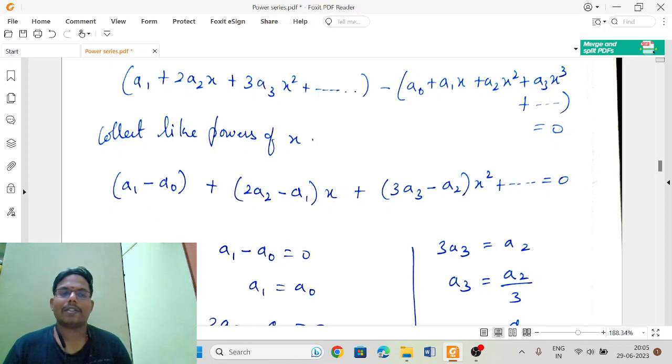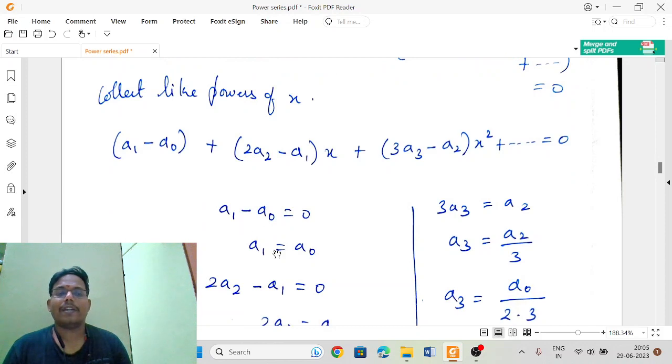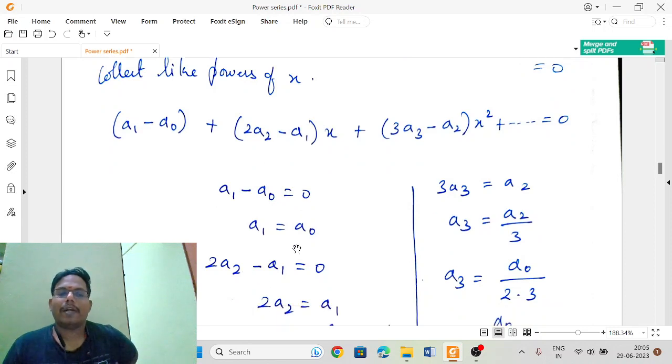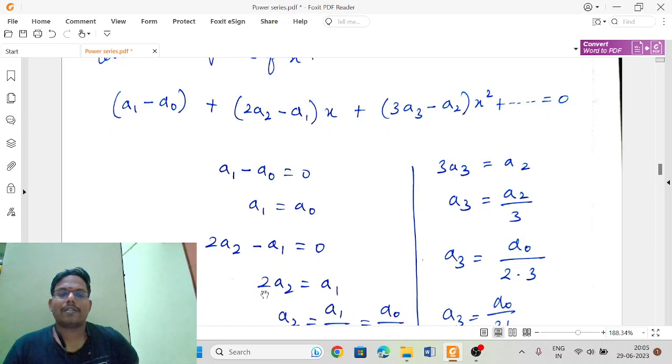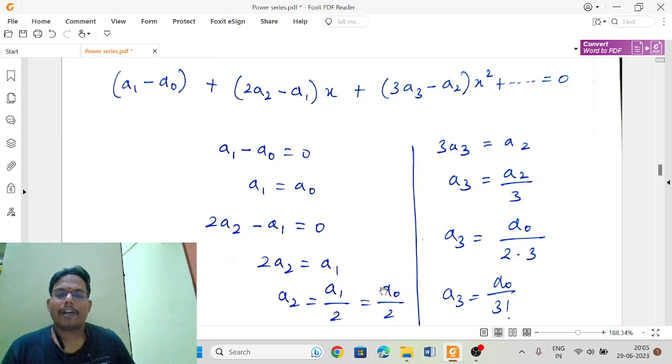So we have a1 minus a0 equal to 0 here, and if I equate that, a1 is equal to a0. Then we have 2 a2 minus a1, and instead of a1 I put a0, so 2 a2 equals a0, giving a2 equal to a0 by 2.